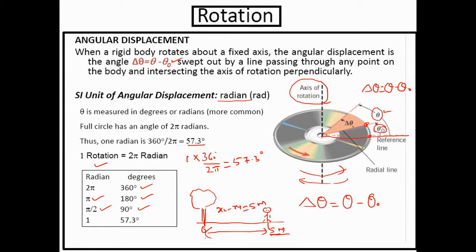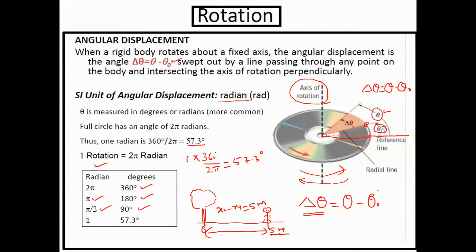Likewise, here initially the object is at the reference point. After some time it reached this point, and what is the distance covered? It is nothing but theta naught. And after some time the object takes position in this location, and this location from the reference point is theta. So what is my displacement? Angular displacement: final angular position minus initial angular position.